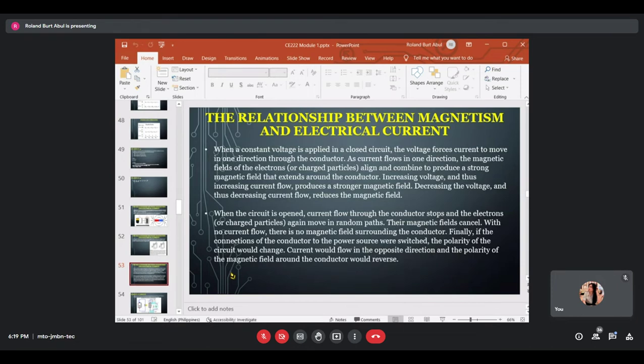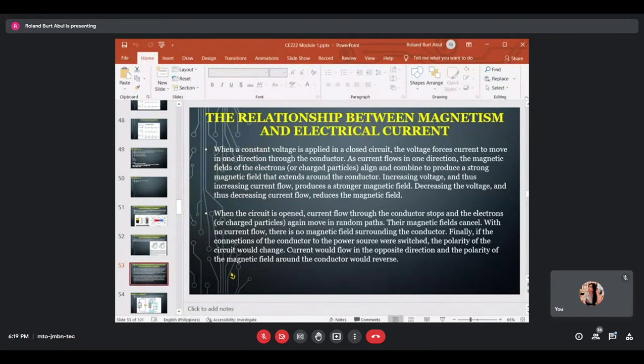When a constant voltage is applied in a closed circuit, the voltage forces current to move in one direction through the conductor. As current flows in one direction, the magnetic fields of the electrons or charged particles align and combine to produce a strong magnetic field that extends around the conductor. Increasing voltage and thus increasing current flow produces a stronger magnetic field.